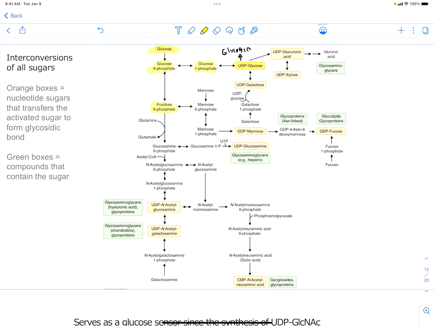And so you can see here that we have iduronic acid, which is one of the building blocks of GAGs, glycosaminoglycans. We also have here UDP xylose, which can feed back into your pentose phosphate pathway. And this is glycogen.